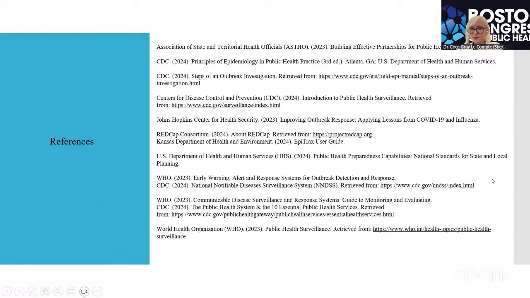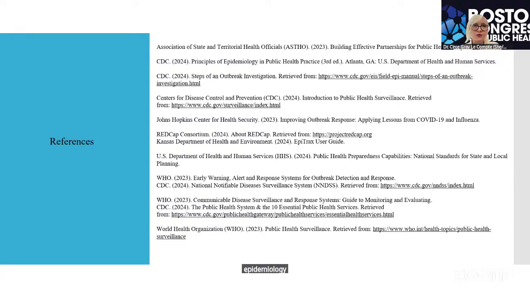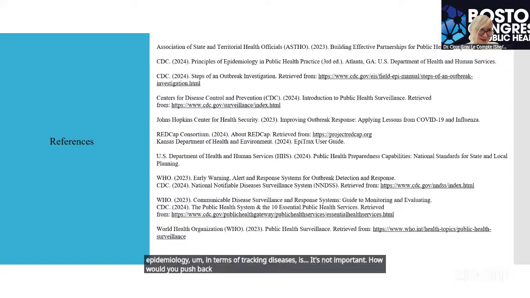I was also wondering if you could talk a little bit about folks who might say that epidemiology in terms of tracking diseases is not important. How would you push back at that? Oh, it's very important.